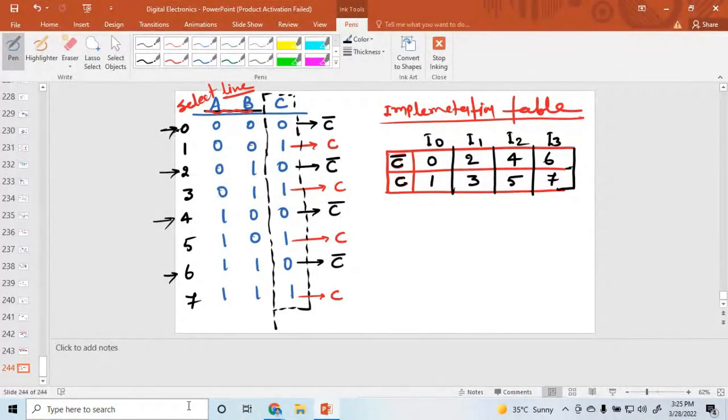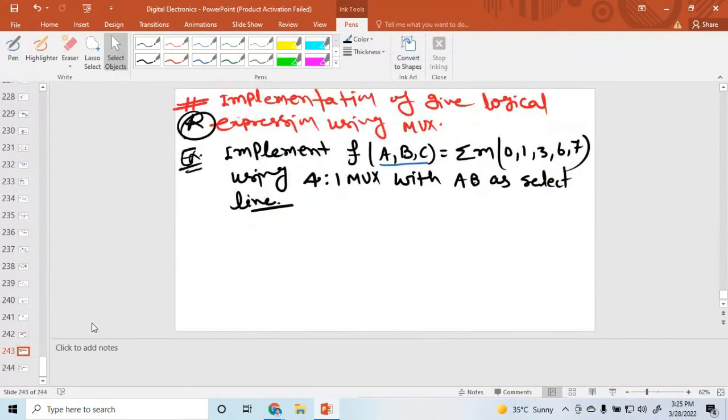Up to this point, does anyone have any doubts or queries? Yes or no? At least give your response. Then the question is where are the min terms? The min terms are available at 0, 1, 3, 6, and 7.